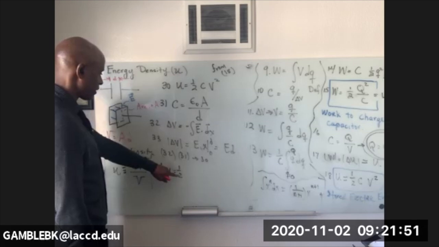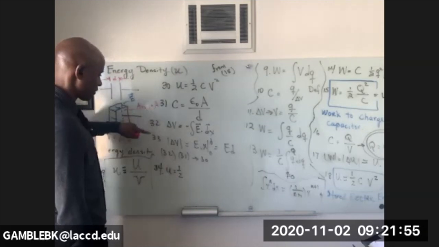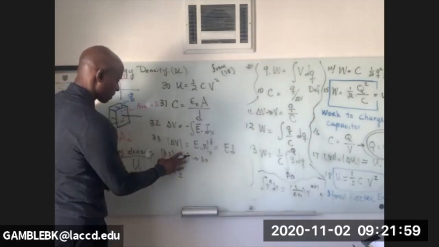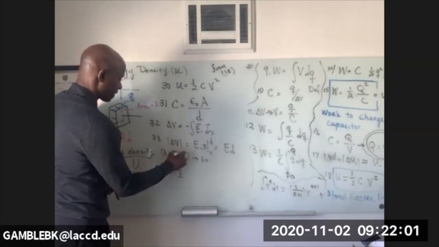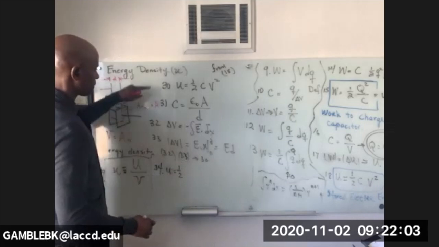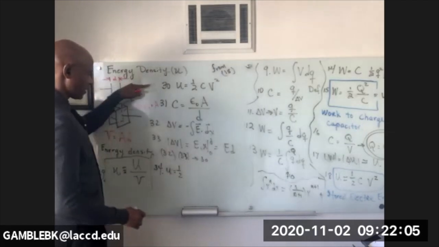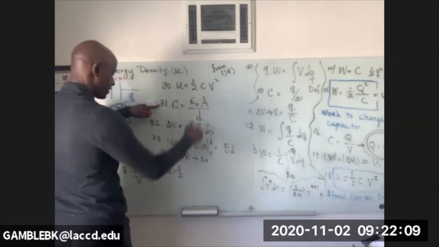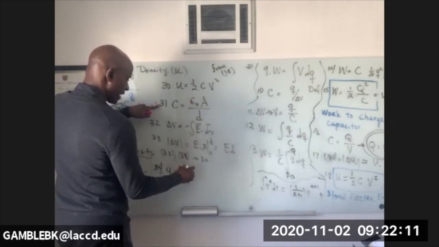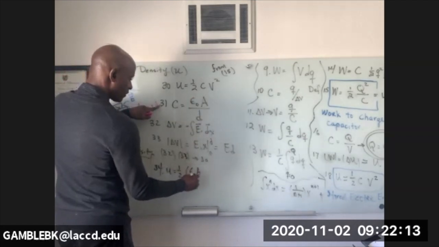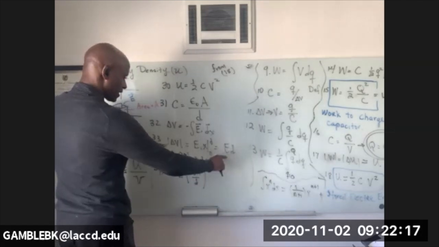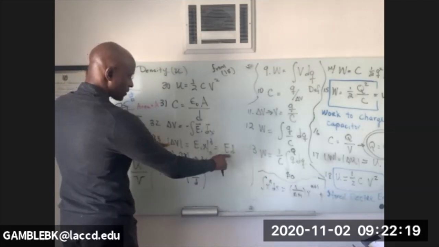Anyway, what are we doing? We are plugging 31 and 33 into 30. So C is 31. That goes here, so that's going to be epsilon naught A over D. And 33 is that the voltage potential is equal to ED.